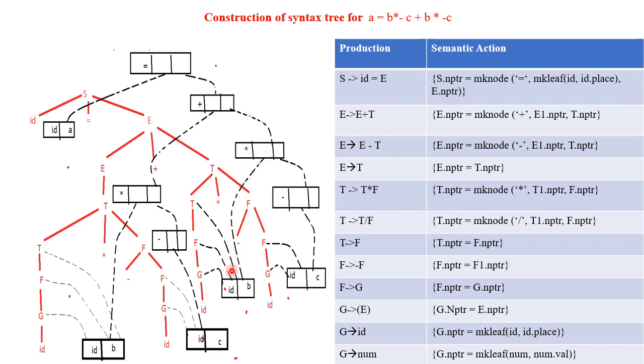One operand is B, another operand is minus C. Here we have to create a node plus, one operand is B star minus C, another operand is B star minus C. And at this parent node we have to create a node assignment. One is ID A, and the other one is the node for this plus operand.